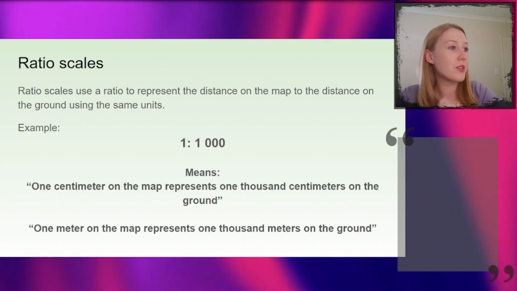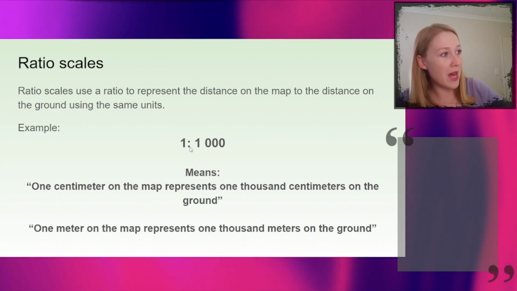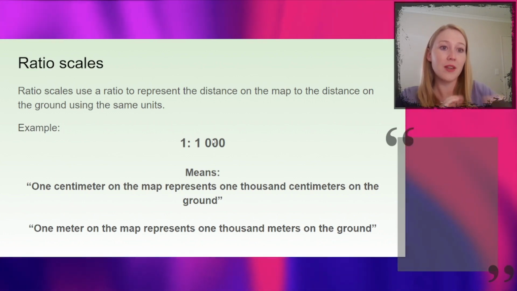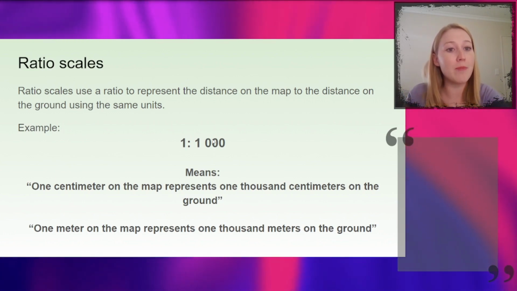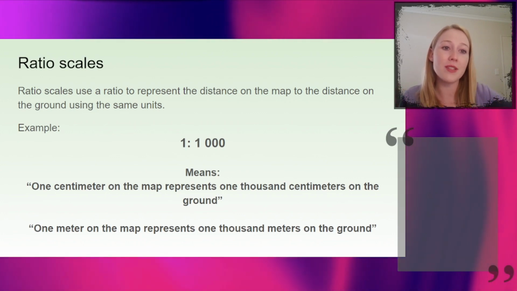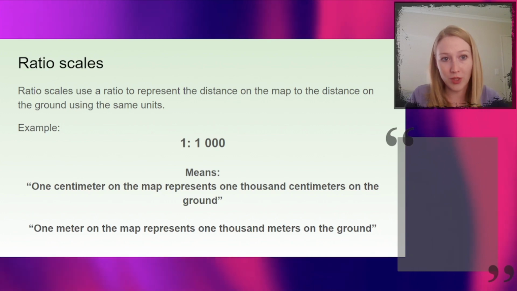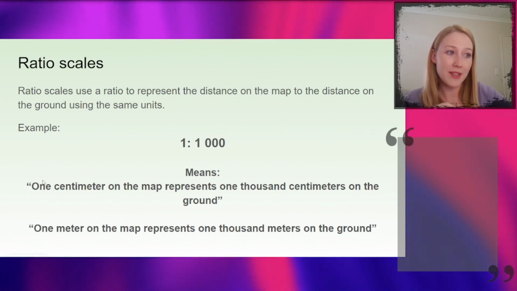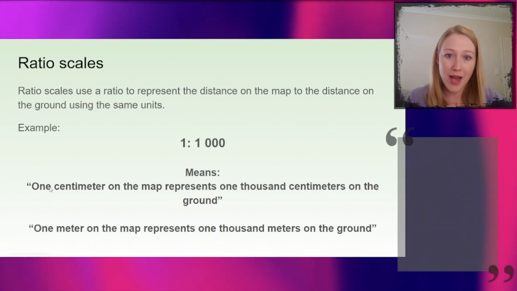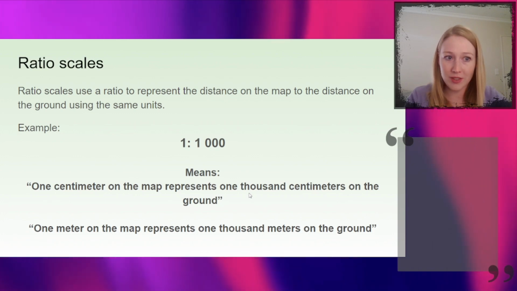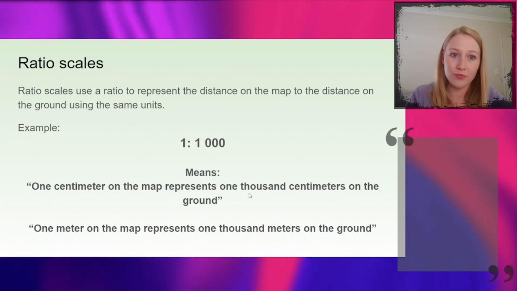So in other words, if I have a map that is 1 to 1,000, it means that whatever I measure on the map is actually 1,000 times bigger in real life. So if I measure 1 centimeter on the map, it's actually 1,000 centimeters in real life.